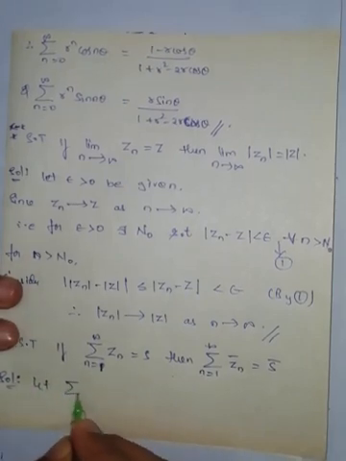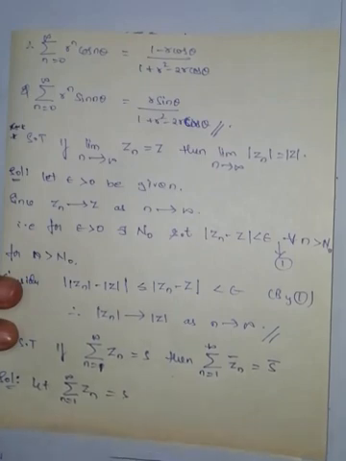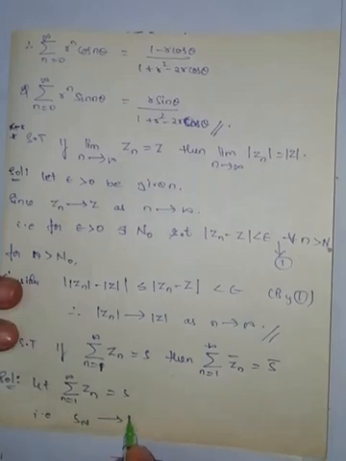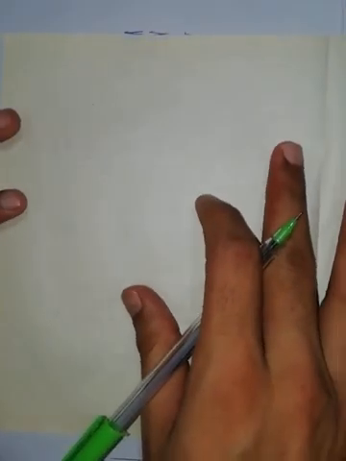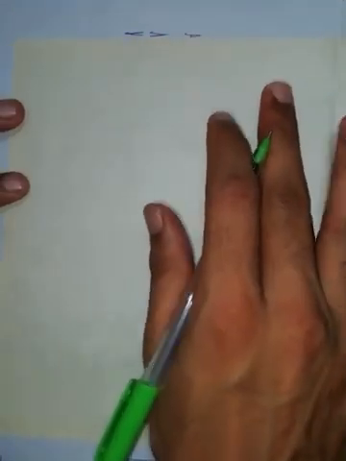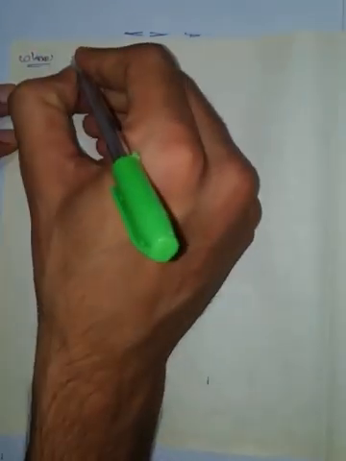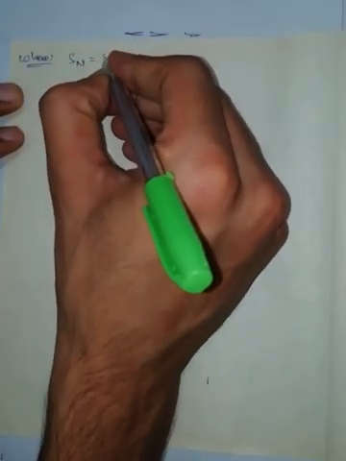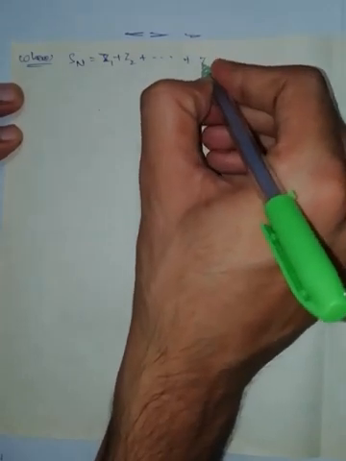Solution: let summation n is equal to 1 to infinity zn is equal to s. When we say that a series converges, that is Sn converges to s as n tends to infinity, where what is Sn? Where Sn is equal to z1 plus z2 plus so on till zn.